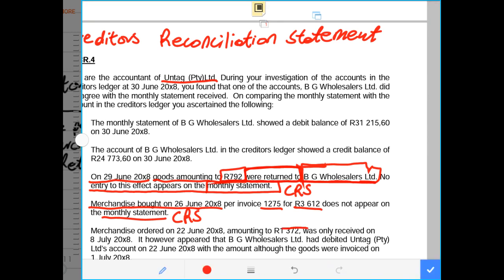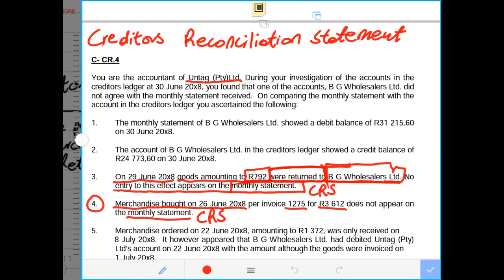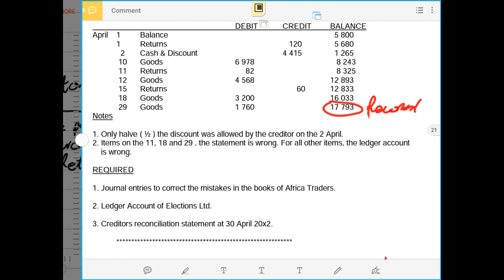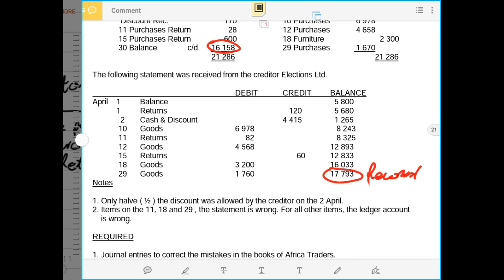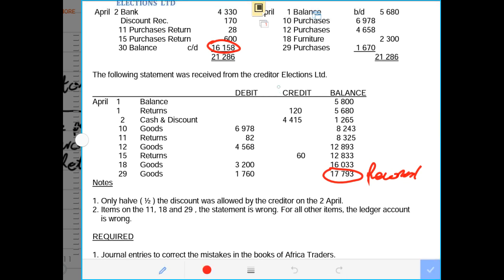Under entry number 3, this was the return of goods and services, and it was not recorded in the statement received. So that means a return was supposed to be recorded here on the debit side of the statement. From the statement perspective, it was to be recorded as 792.